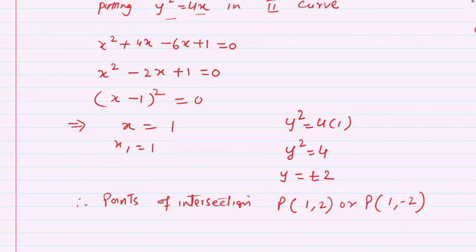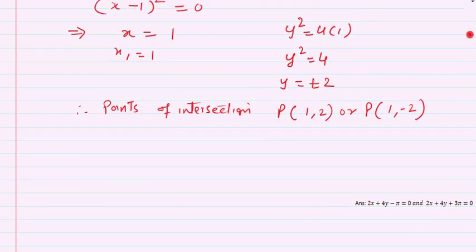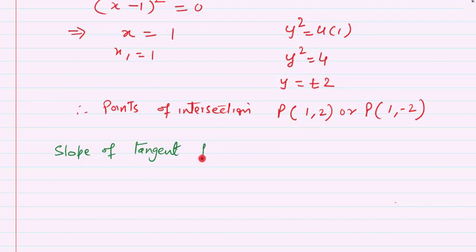So for that we need to calculate the slope of tangent of the two curves. Slope of tangent for the first curve: we have y square is equal to 4x. So to find the slope of tangent, we need to calculate the derivative: 2y into dy upon dx is equal to 4.